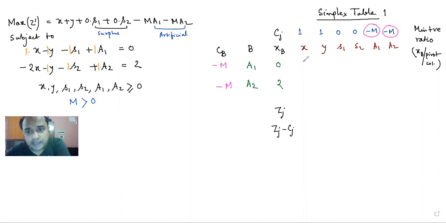So we write here 1, -1, -1, S2 is not present so it is 0, 1, A2 is not present so it is 0. Second row, second equation: -2, -1, 0 because S1 is not present, minus S2 means -1, 0, 1.